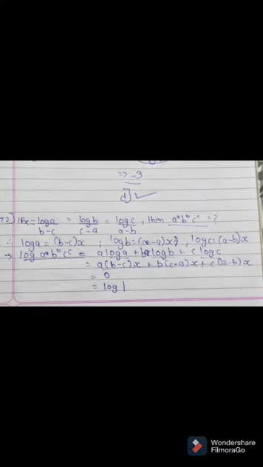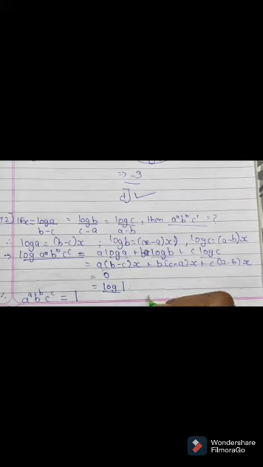So log of A raised to A, B raised to B, C raised to C equals log 1. Therefore A raised to A, B raised to B, C raised to C equals 1. So option C is correct.